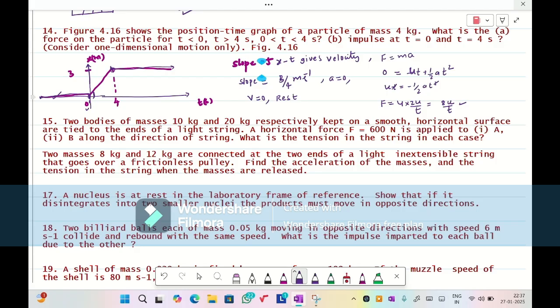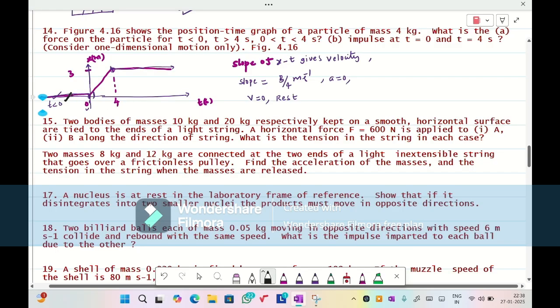This line represents the rest position, so there is no change in the displacement. Rest means no force, force is equal to 0. So this is wrong. Here force is equal to 0, and here also force is equal to 0 for t greater than 4 seconds.